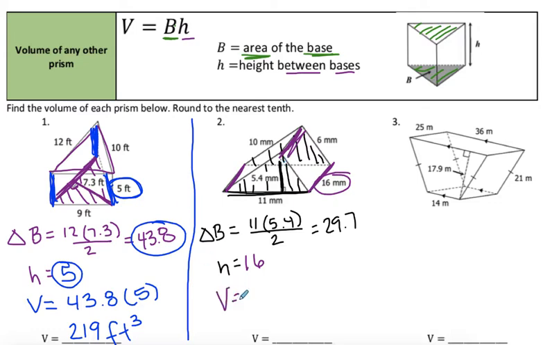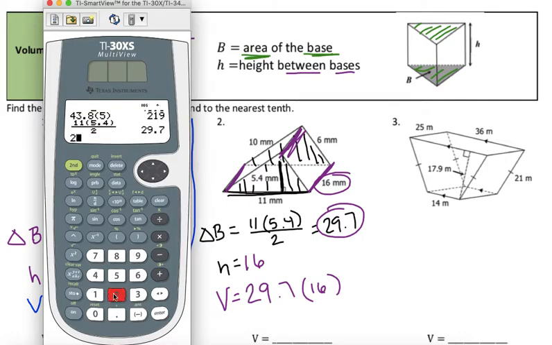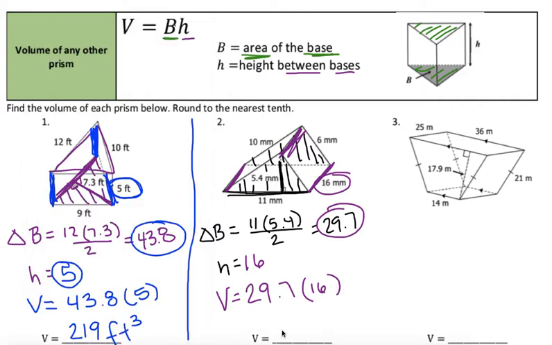So to finish this off, we need volume, which is area of the base. So I'm going to use that 29.7 times the height, 16. And on my calculator, I'll go 29.7 times 16. And what do I get? 475.2. So again, this was already rounded to the nearest tenth for me.